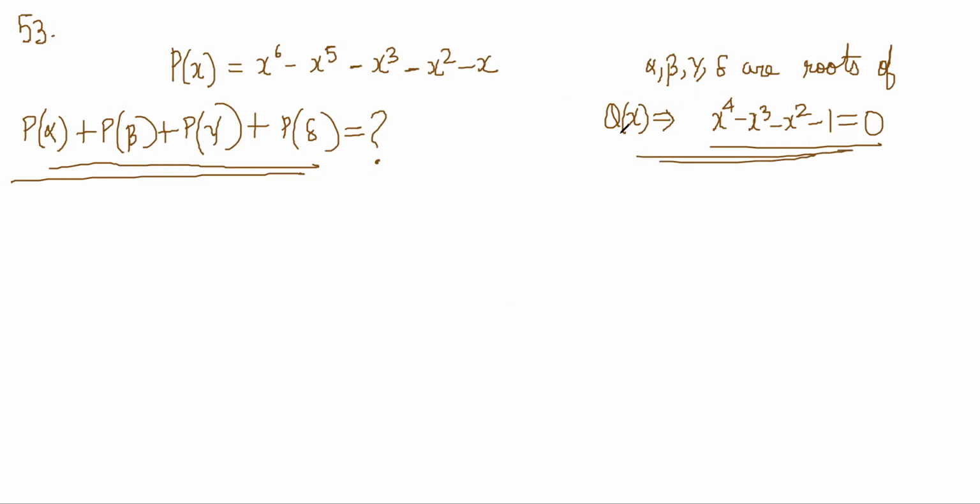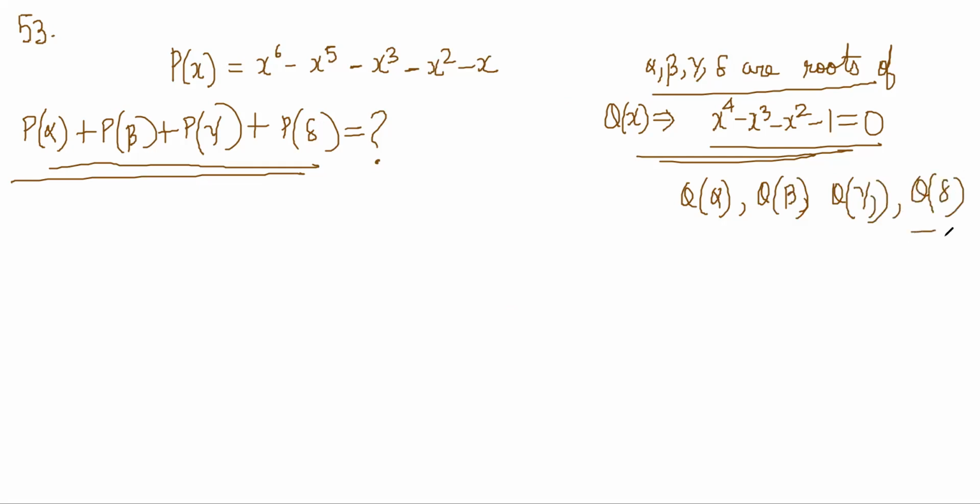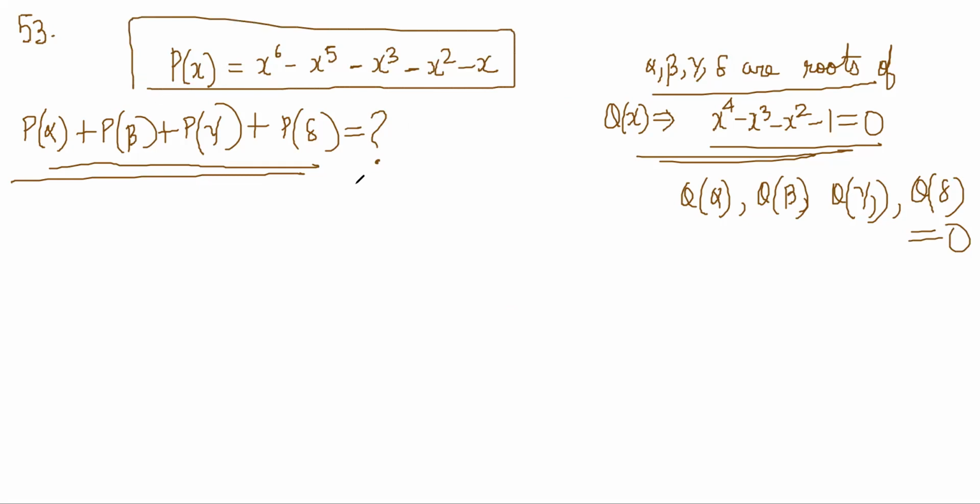These are roots of q, no? Do you know that q(alpha), q(beta), q(gamma), q(delta) are 0? So why can't you write p(x) in terms of q(x) and make it very easy? Just divide it.